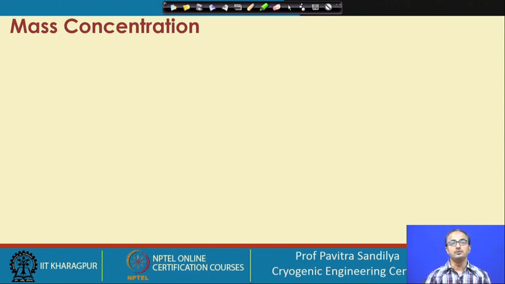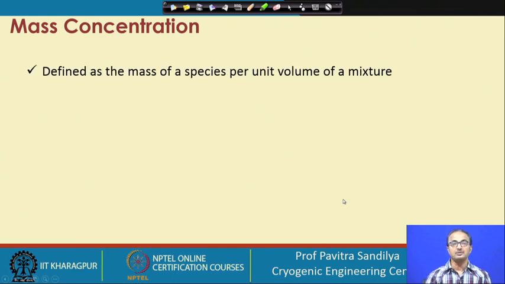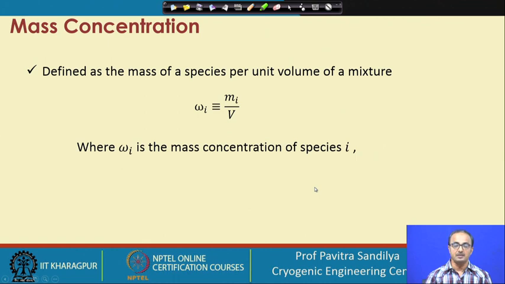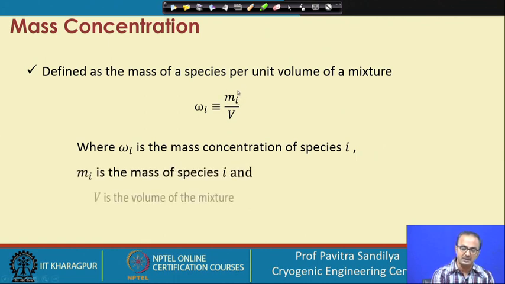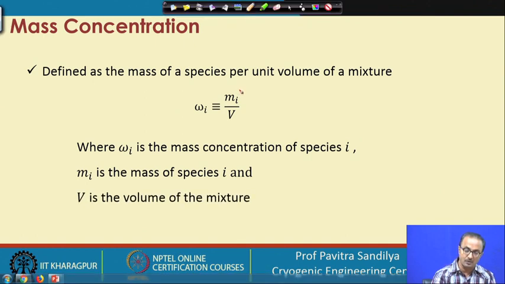Now, first we come to the definition of mass concentration. The mass concentration is defined as the mass of a species per unit volume of a mixture, and it is obtained by dividing the mass of a species, which is given by Mi, by the volume of the mixture, that is given by V, and generally it is represented in terms of omega i.